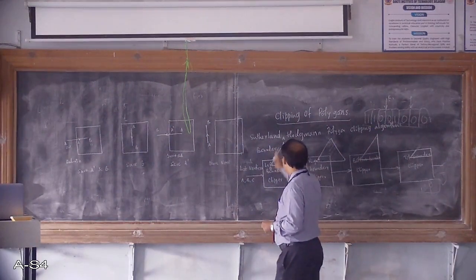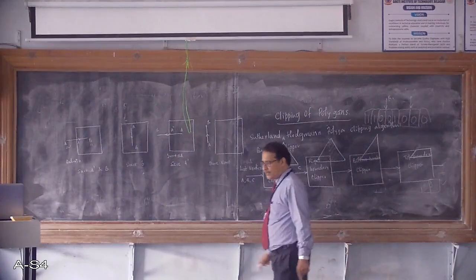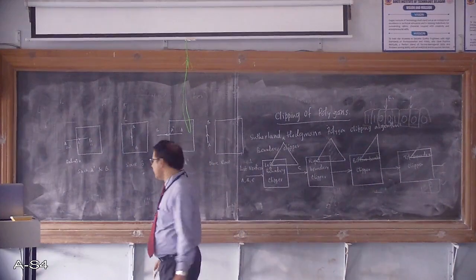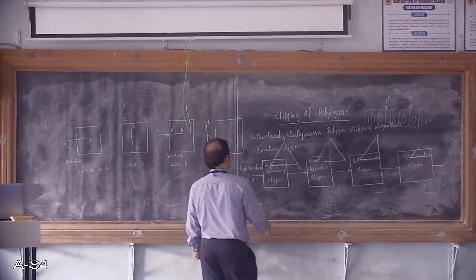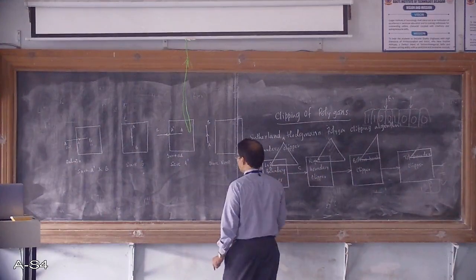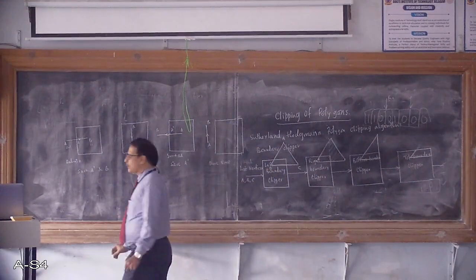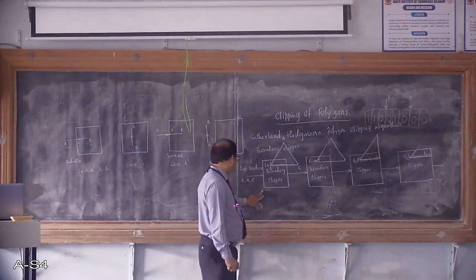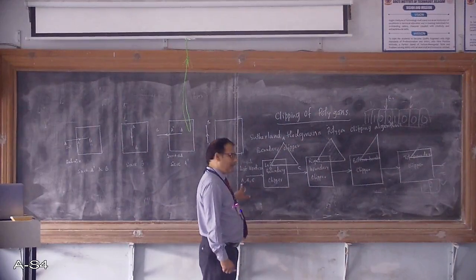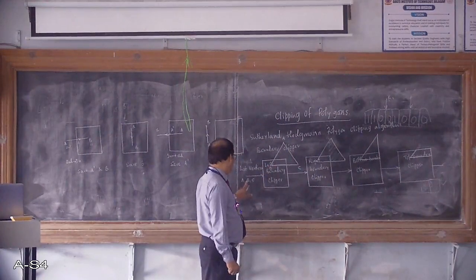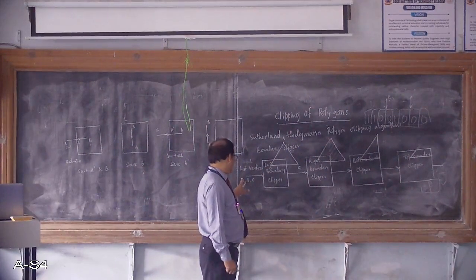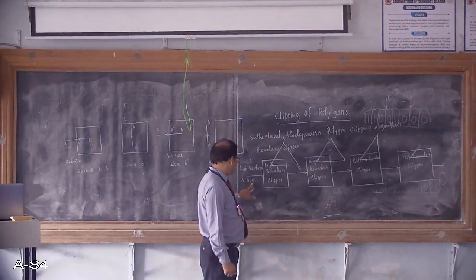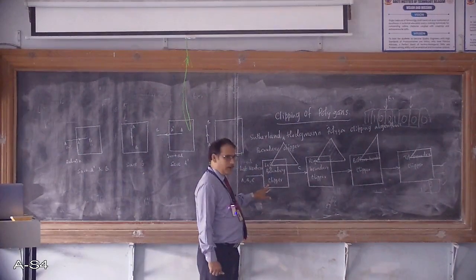Again consider A, B, C. These are the three vertices of the given triangle, and for the left boundary let us see how the left boundary clipper works. You have the three vertices of the triangle A, B, C, which are the input list of vertices given to the left boundary.